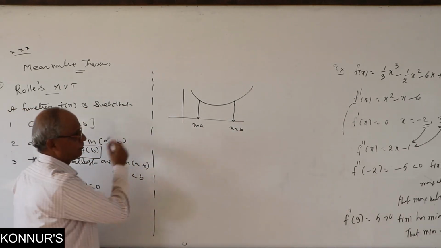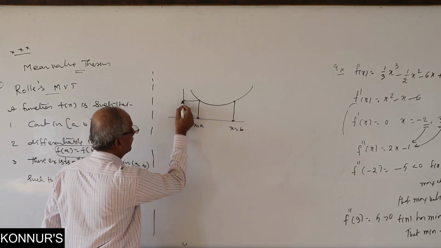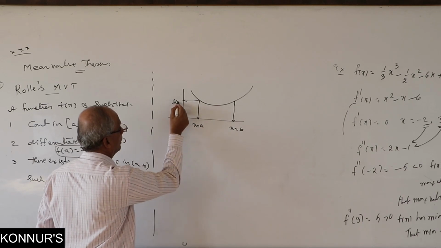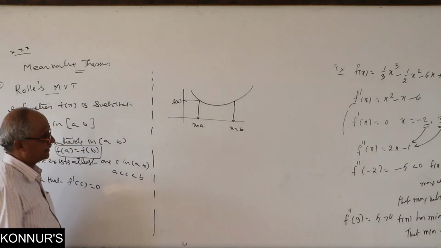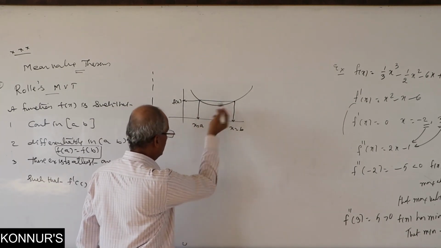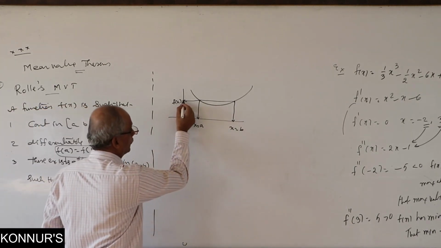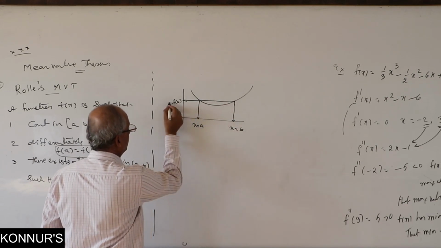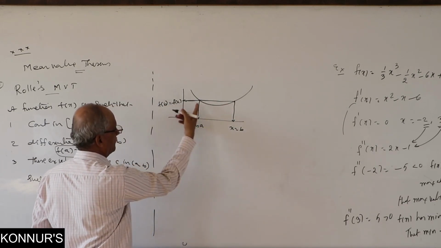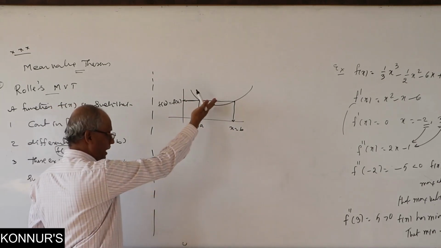Substitute x equal to a in the function, then this is f(a). x equal to b, then this is f(b). What is implied in the first figure? Both are same only, a parallel line, coincidental, a total straight line only. That means f(a) equal to f(b). Y coordinates are equal. When y coordinates are equal, in geometry what is possible? The line is definitely parallel to the x-axis.